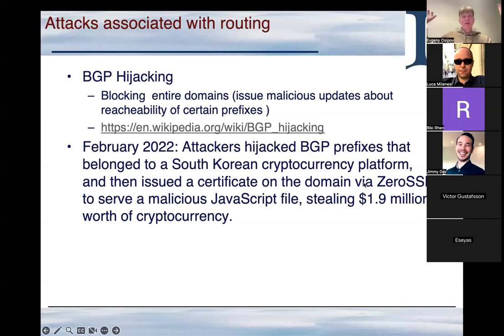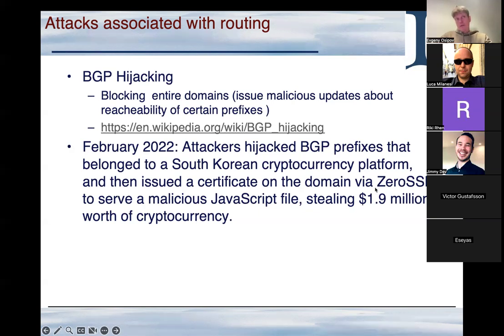Just IP traffic doesn't help you much. You also need to think about valid certificates, so that the attack may make sense on the application layer. In this case, they used a certificate issued by a valid certification authority, for example one called 0ssl.com, and that's what I meant in the beginning of this class.